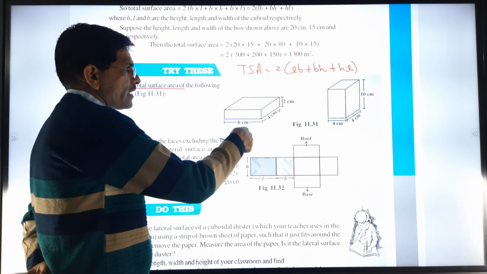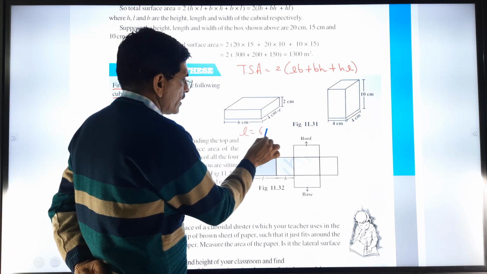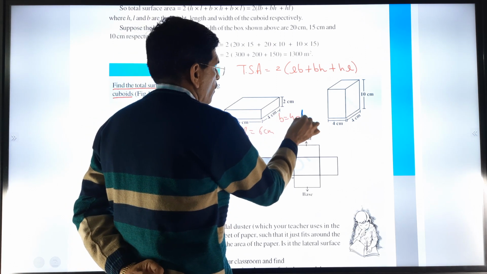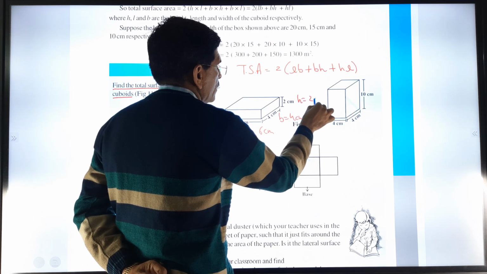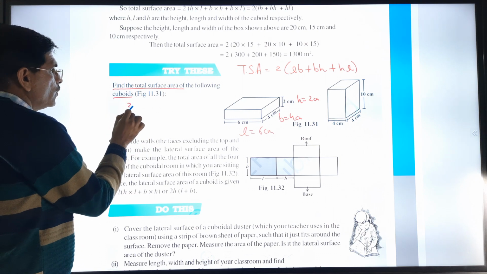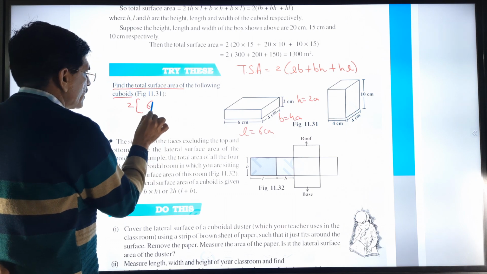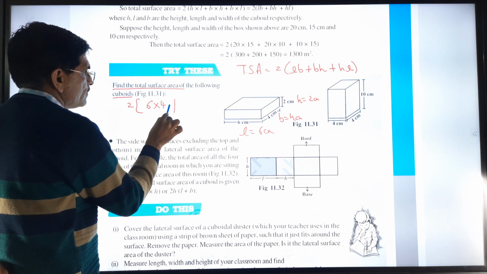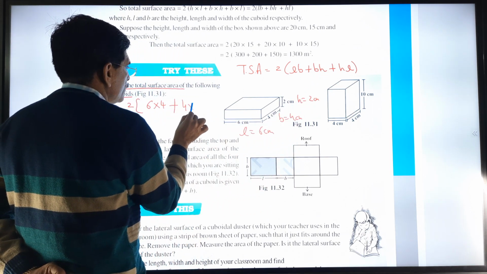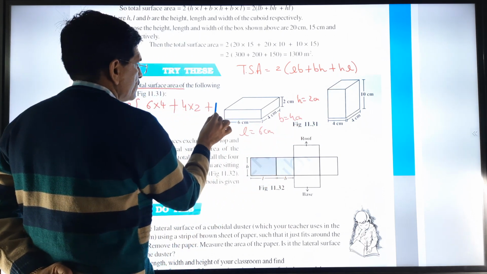Now you know what L, B and H are. First I will write L is equal to 6 cm. Breadth B is 4 cm. Height is 2 cm. Now I have to put all these values here. 2 into L into B, so 6 multiplied by 4, plus B into H, that is 4 into 2, plus H into L, 2 into 6.